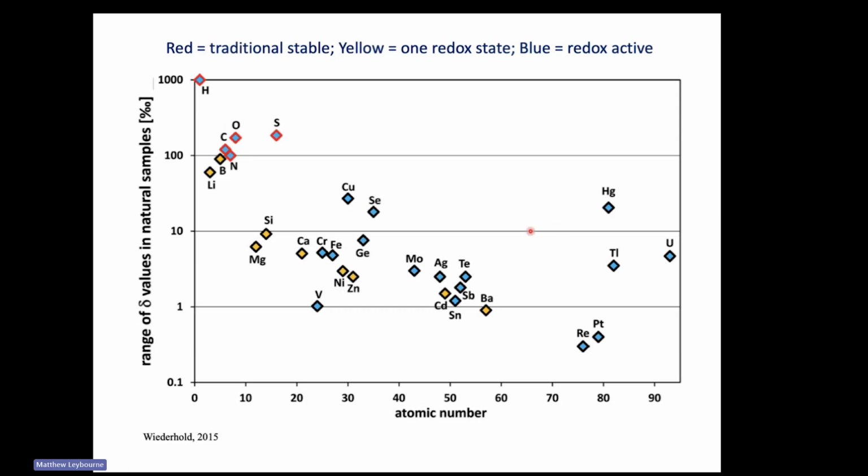So I should point out the blue diamonds are redox reactive species. The orange diamonds are non-redox reactive in most geological systems, and the red outlined ones are the traditional stable isotopes.